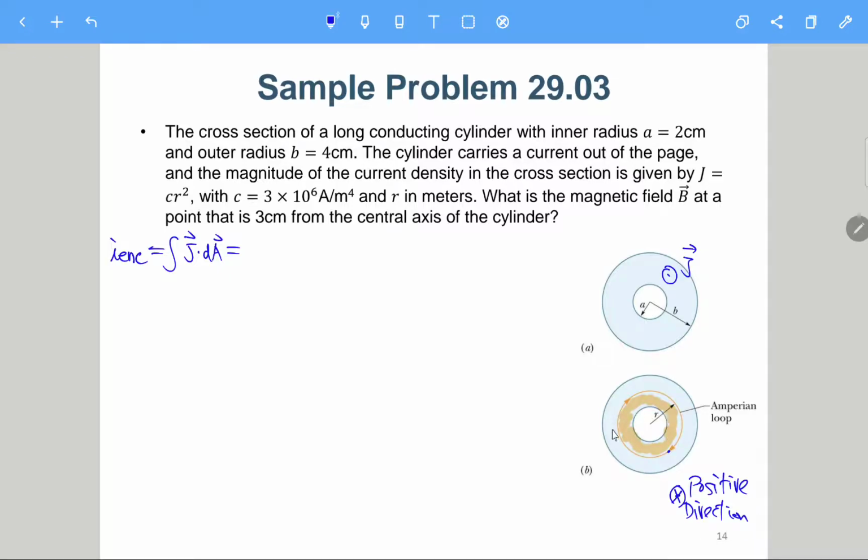And also, counterclockwise is the positive direction for the B field. So now J is into the page in terms of sign convention, and dA also points into the page. So J and dA should be parallel to each other.